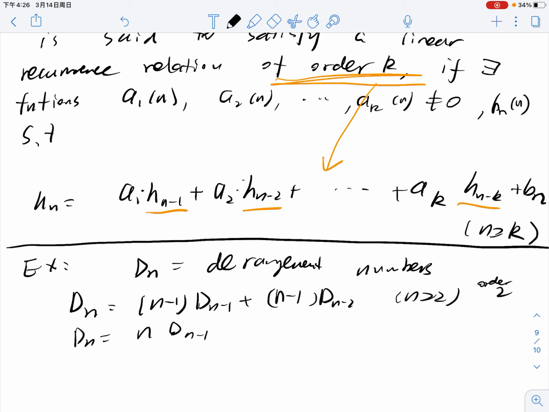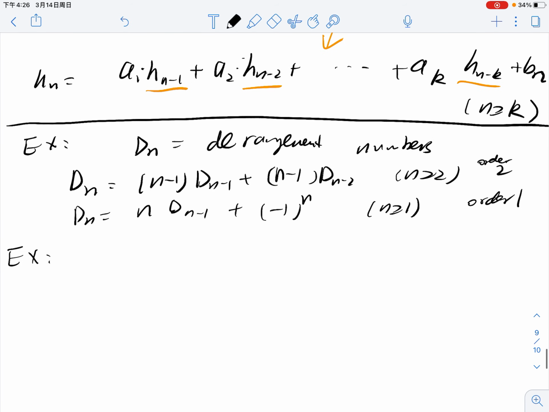Recall that we have a lot of relations for the derangement numbers. This is order 1. And if you still remember the formula for Dn, you have n factorial, and inside you have 1 minus 1 over 1 factorial plus 1 over 2 factorial, and so on.